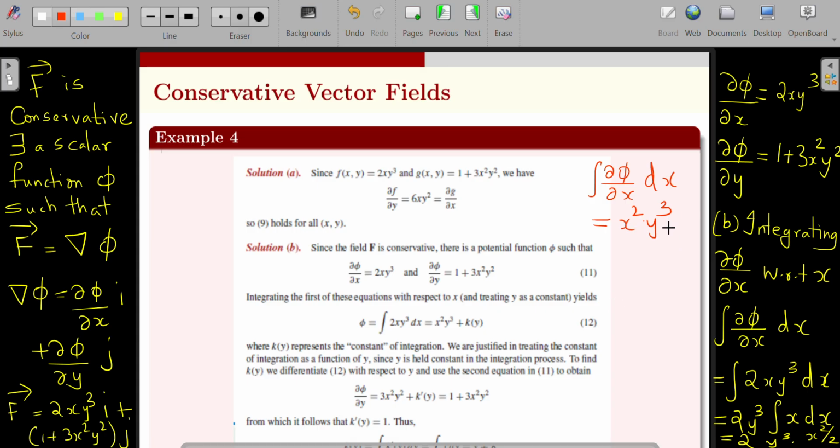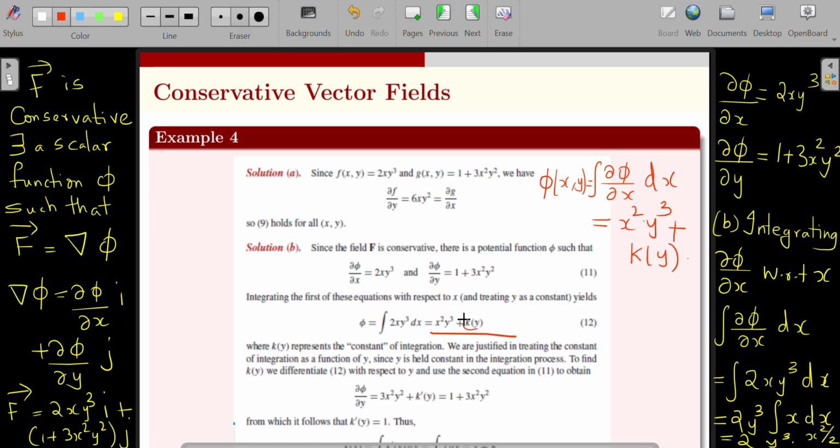Along with x²y³ there will be a constant, but since here we are treating y as a constant, it will not be a normal constant; the constant will be a function of y. So the integral of ∂φ/∂x with respect to x, that is φ of x, y, will be equal to x²y³ plus some function k of y, since we treat y as a constant. I hope this particular portion is clear to you.